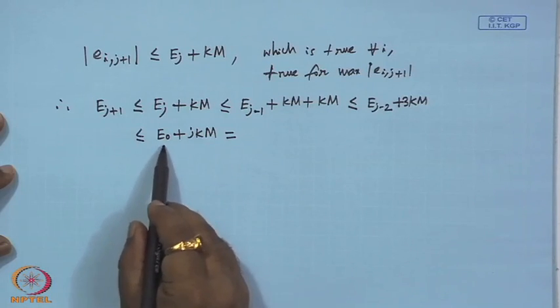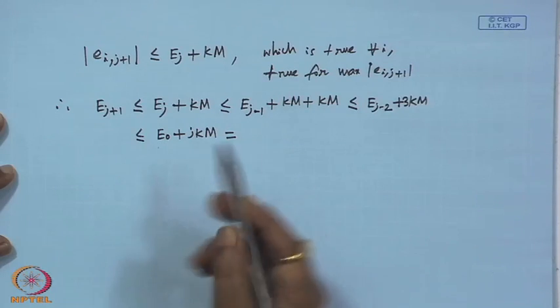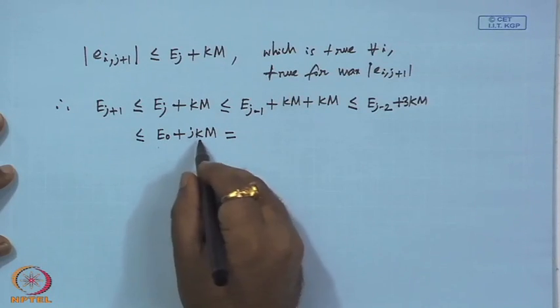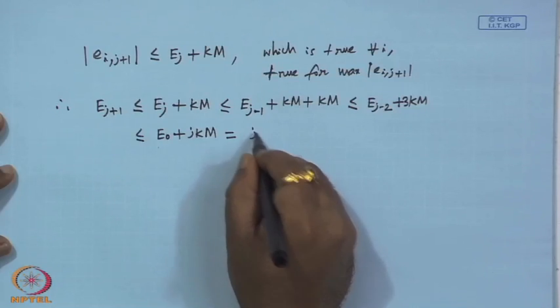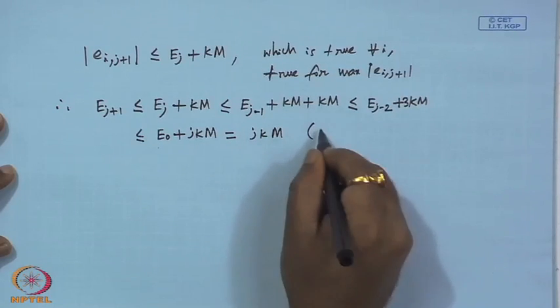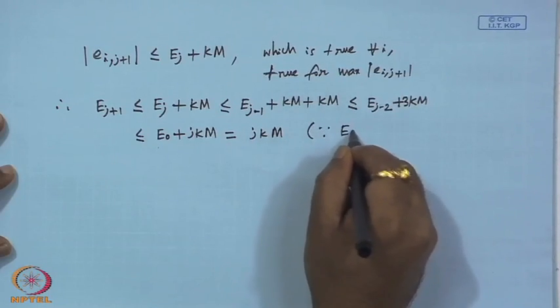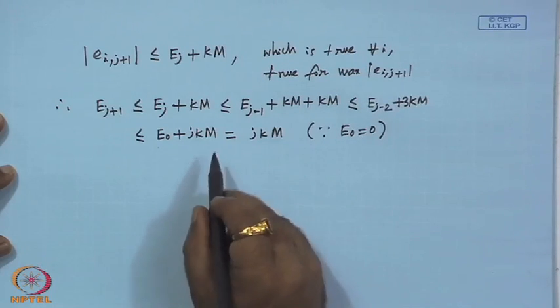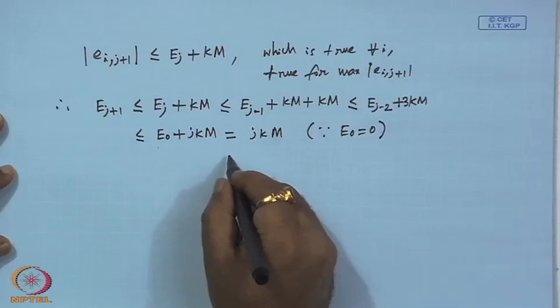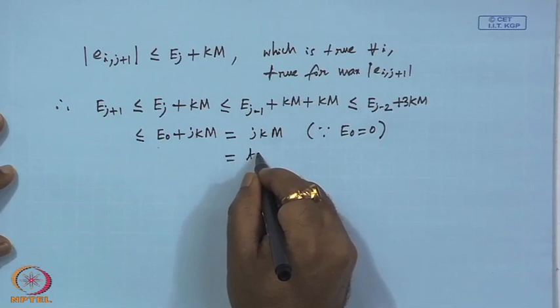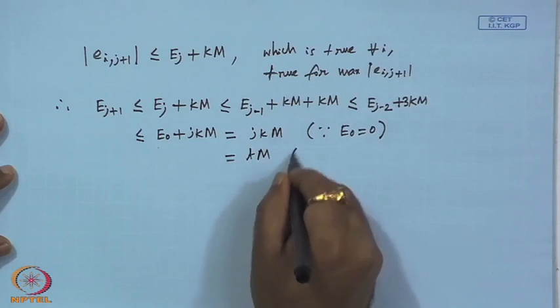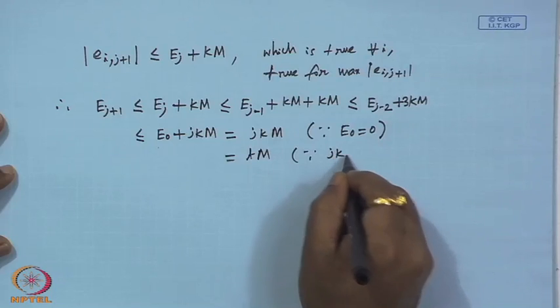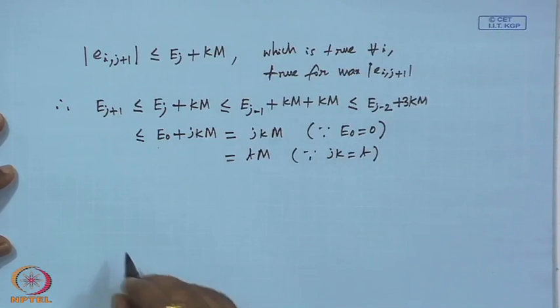E^0 is the error at t equal to 0, so there is no error, and j k is t. Then this is T M.